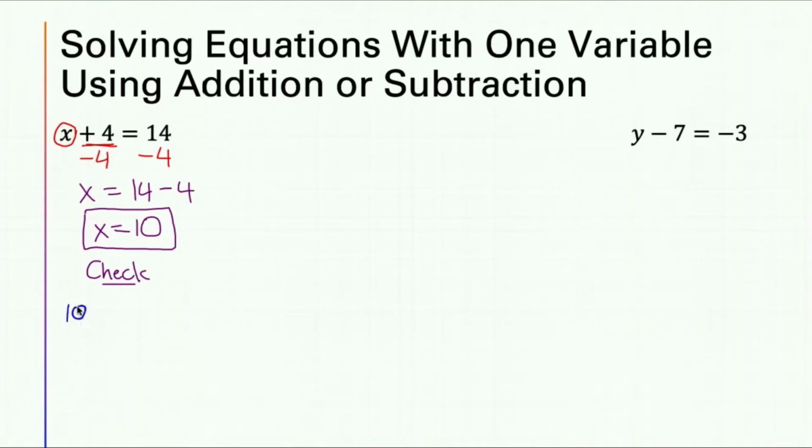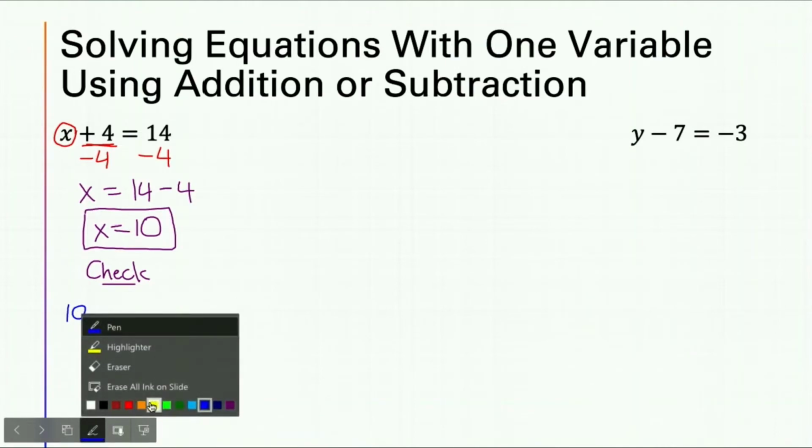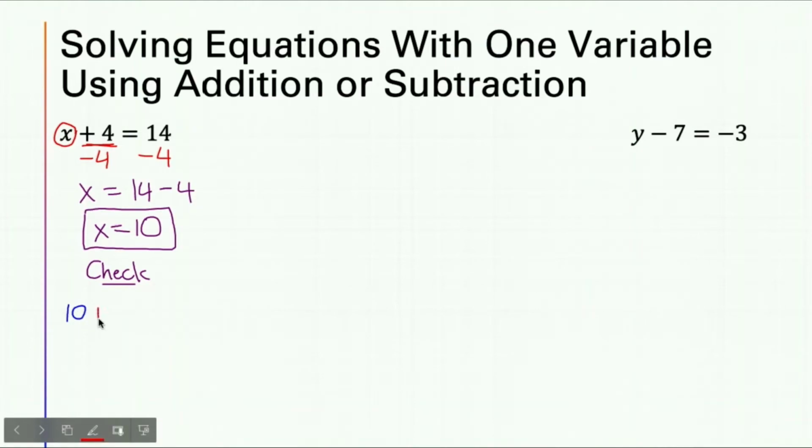So 10, and then we write the rest of the equation: plus 4 is equal to 14. Now, is that equation true? Well, we do know that 10 plus 4 does equal 14, and 14 equals 14. So we're all good, and 10 is our solution.